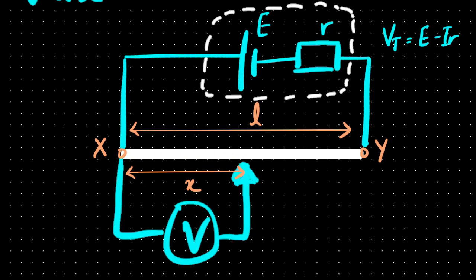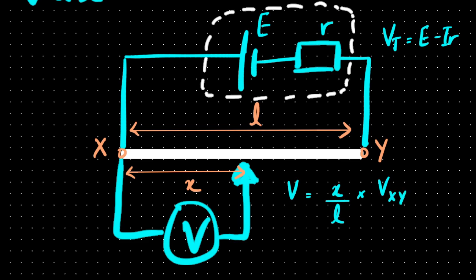So the voltage across this length x would just be that length as a fraction of the total length, multiplied by the total voltage appearing across the xy ends.